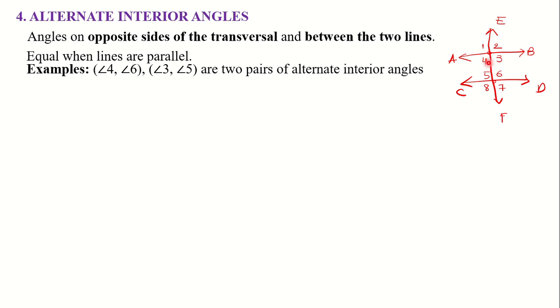The angles which are opposite. So as you can see here, in these four angles, which are the opposite angles? Angle 4, angle 6 are opposite angles, and angle 3 and angle 5 are opposite angles. So these are called alternate interior angles.